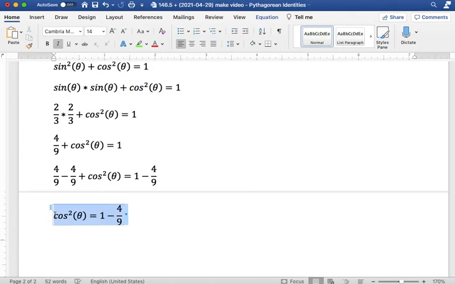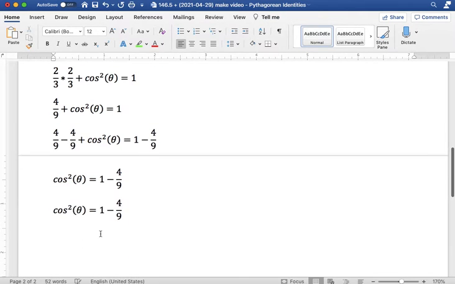On my right-hand side, I know that 1, if I want to subtract this, I want them to have the same denominator, the same number on the bottom, and I know that 1 is the same thing as writing 9 divided by 9.